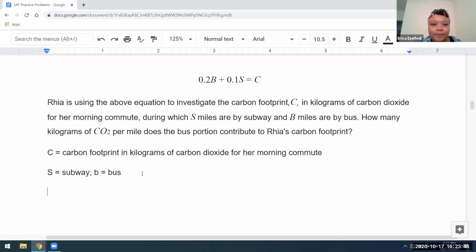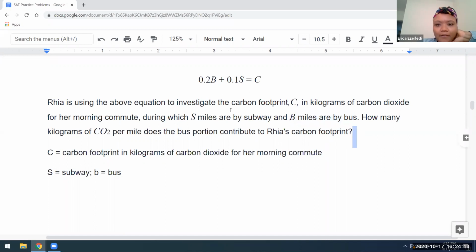So again, translating this, what this passage is saying is that S miles are by subway, B miles are by bus. How many kilograms CO2 per mile does the bus portion contribute?